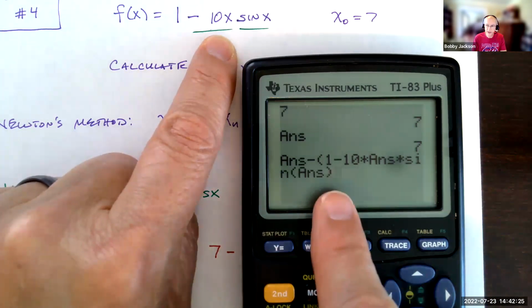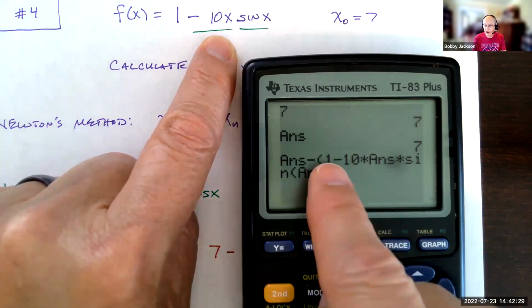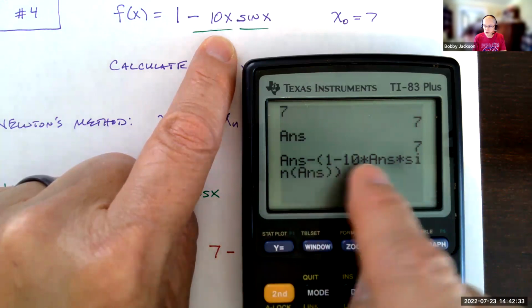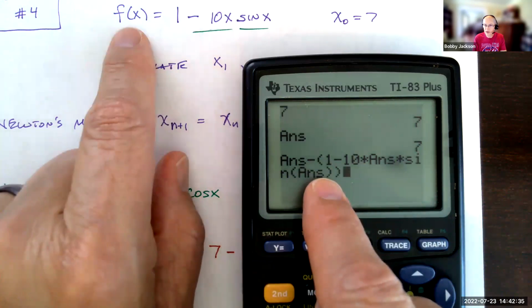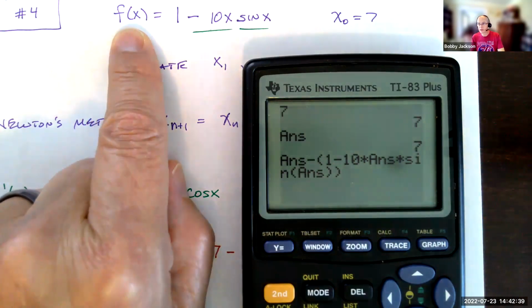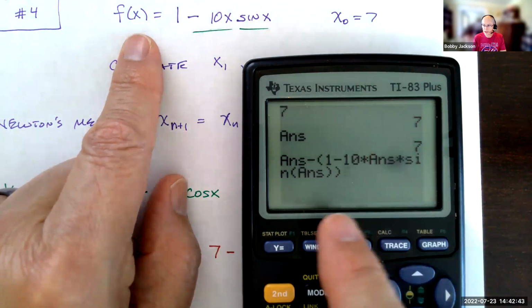Close parentheses on the sine, and then close parentheses on the numerator, because I'm going to divide all of this. That's the function f evaluated at answer, which is the previous estimate, in this case x sub 0, because I've set answer to be 7.